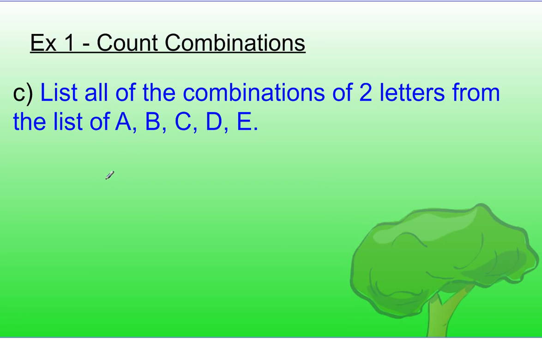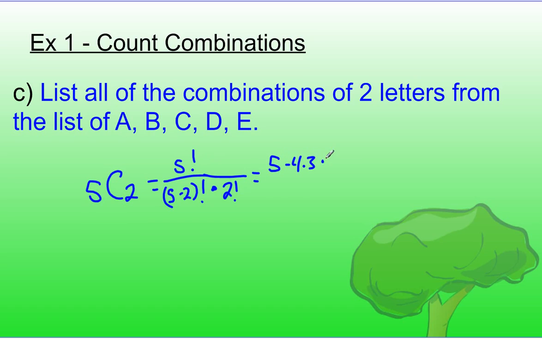Alright, so we've got 5 choices, and we're choosing 2 of them. So we've got 5 factorial over 5 minus 2 factorial, that's the permutation part, and then multiplied by an additional 2 factorial. So that would give us 5 times 4 times 3 times 2 times 1 over 3 factorial times 2 factorial.